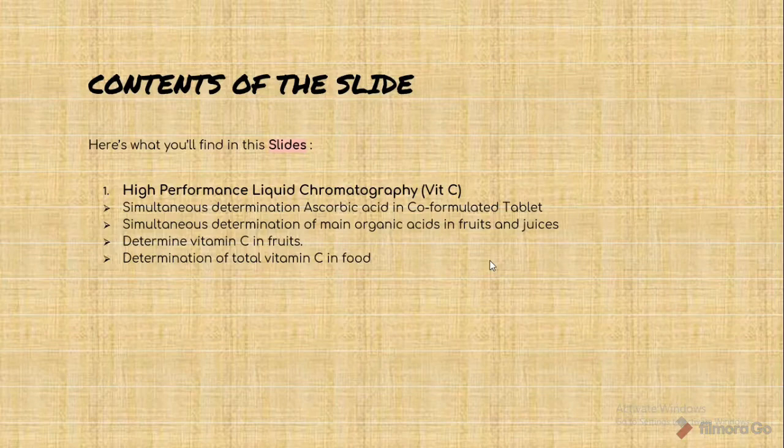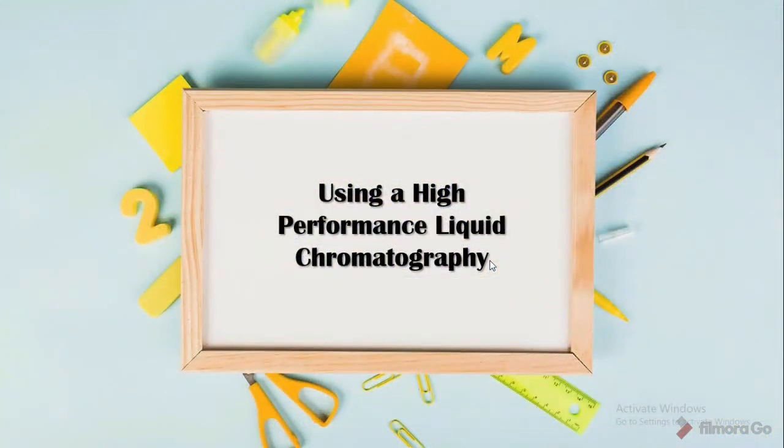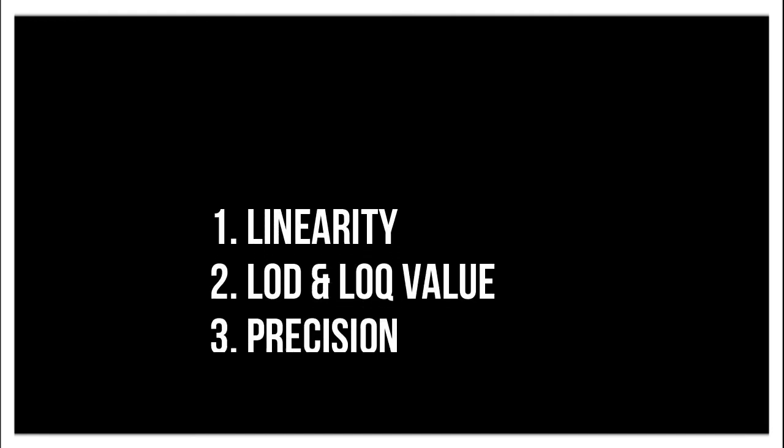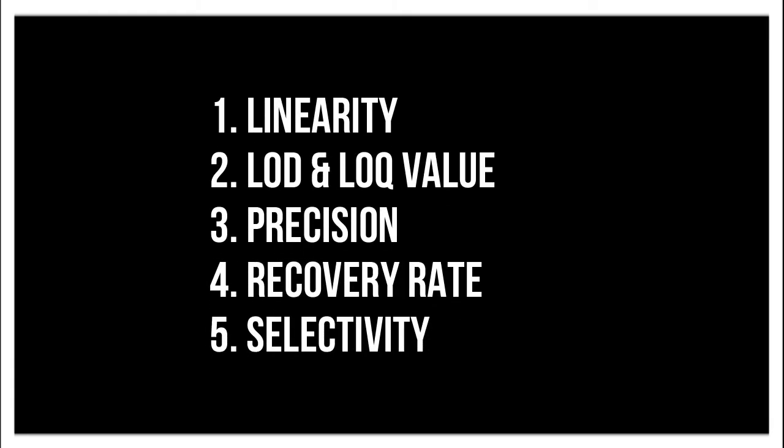There are 5 variables that will be discussed in this result in the determination of vitamin C using HPLC. First is the linearity, second is the LOD and LOQ value, third is the precision of the method, fourth is the recovery rate of the sample, and last is the selectivity of the sample.